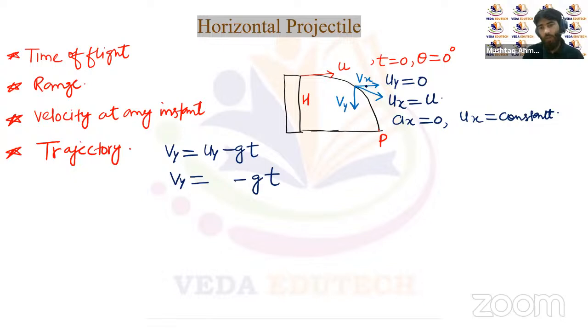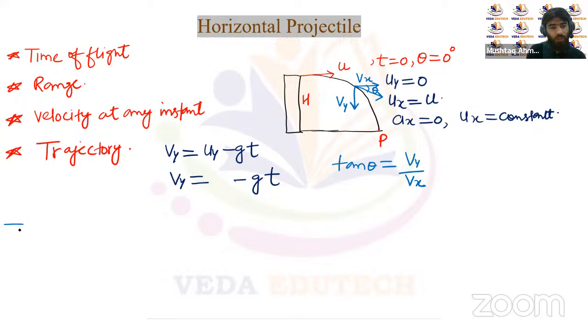Let's suppose theta is the angle at any instant, then tan theta is equal to vy upon vx. So theta is the angle with the horizontal at any instant, given by the vertical component of the velocity divided by the horizontal component of the velocity at that instant.